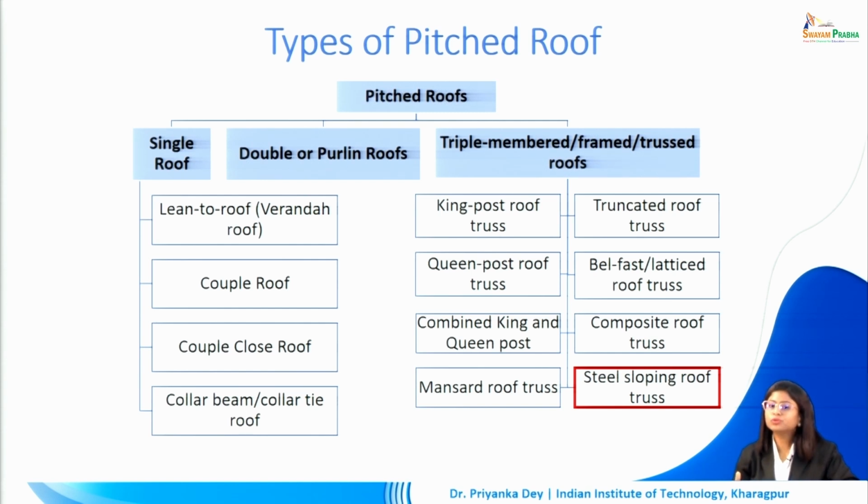We then moved on to different types of materials that we can use for trusses. So we can have timber trusses, we can have a combination of steel and timber, and we can also have steel sloping roof trusses. We just had started the discussion on steel sloping roof trusses in the previous lecture. Now we are going to continue that discussion and go into the details of it.